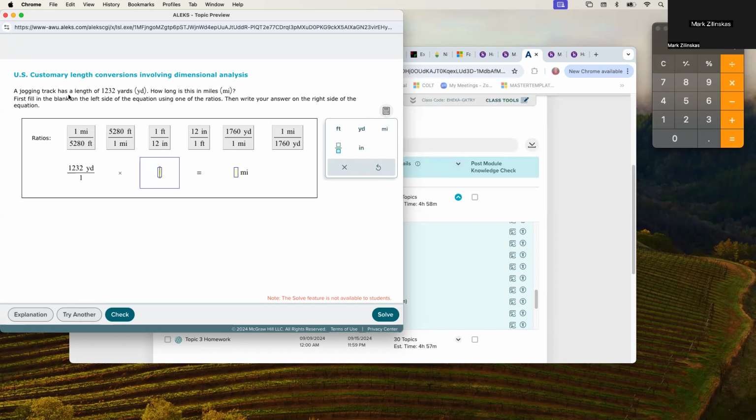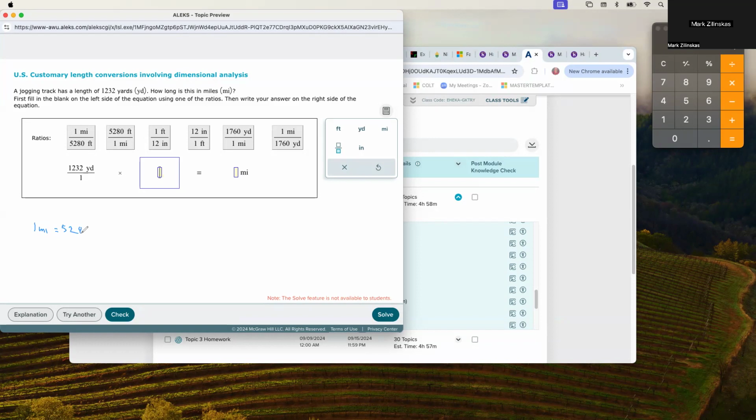So, here's this jogging track with this particular length. How long is it in miles? So we basically want to go from yards to miles. If I write these out, 1 mile equals 1,760 yards.